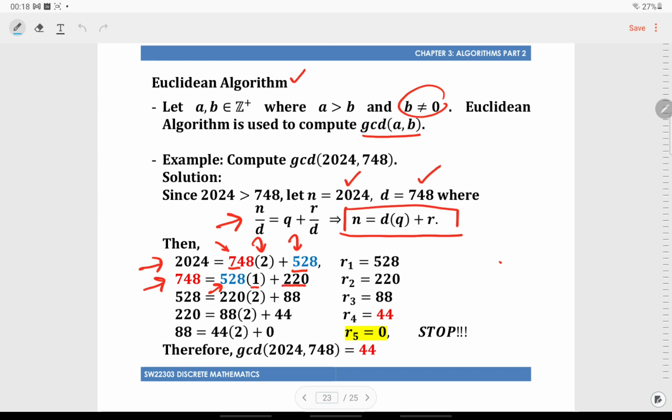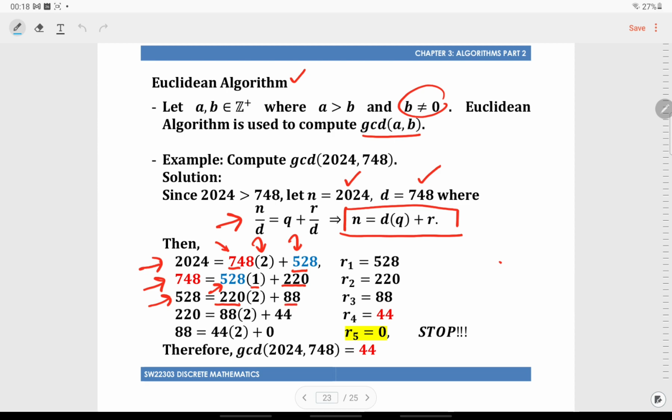Because the remainder is not equal to 0, we need to proceed. We take the divisor 528 as the new dividend, and the remainder 220 as the new divisor. We divide 528 by 220, the quotient equals 2 and the remainder equals 88.